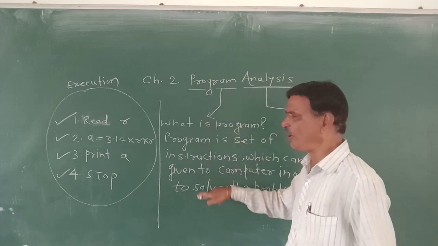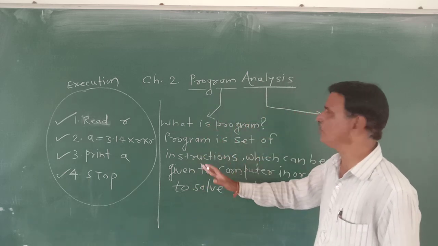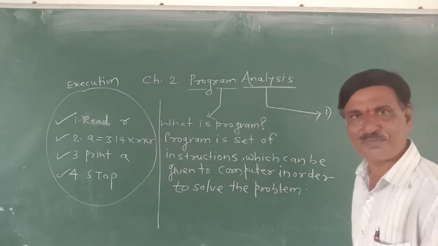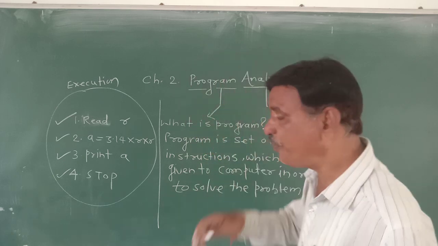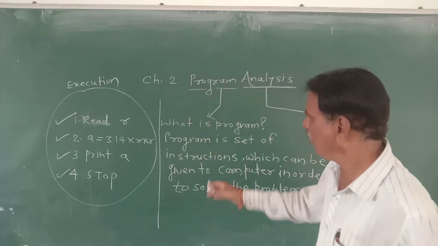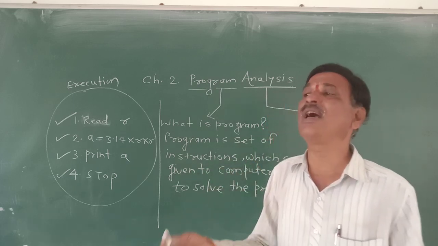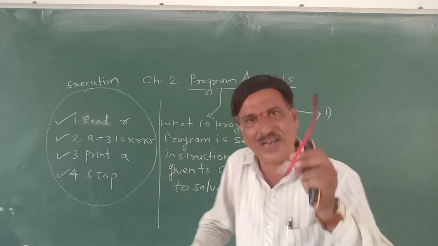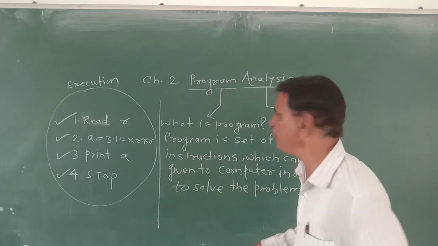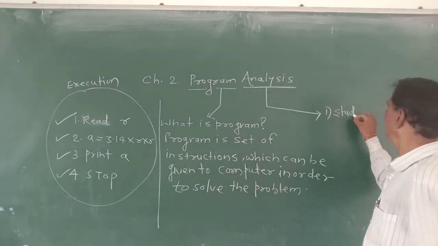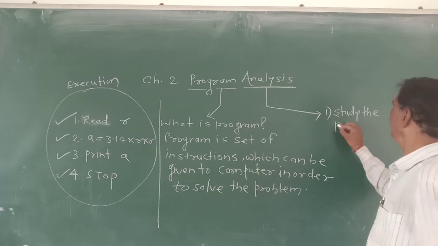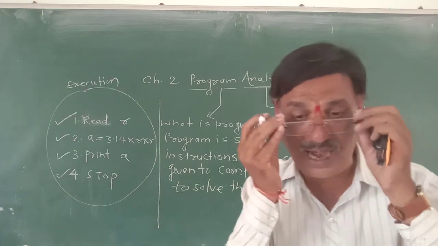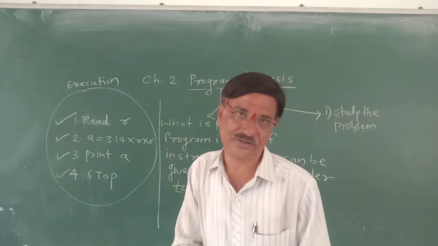So, program, that is set of instruction which can be given to computer in order to solve the problem, that is true. But we must study the problem, understand the problem, what the problem is. That's why before you write down the program, study the problem, understand the problem, and decompose the problem if problem is too large.